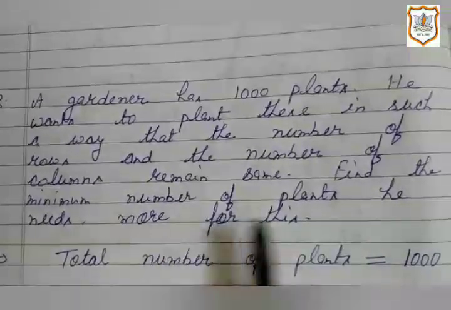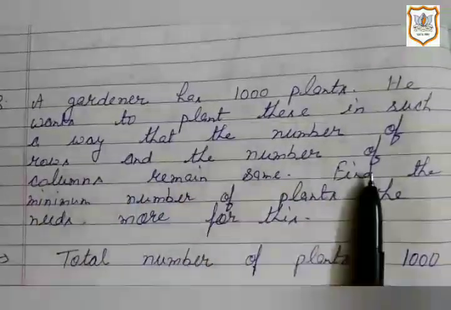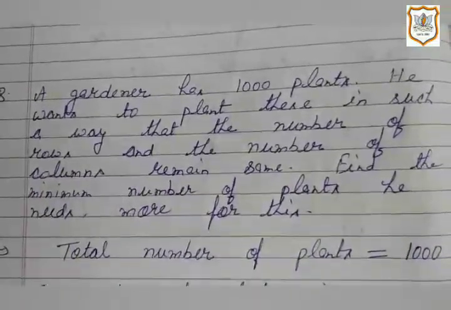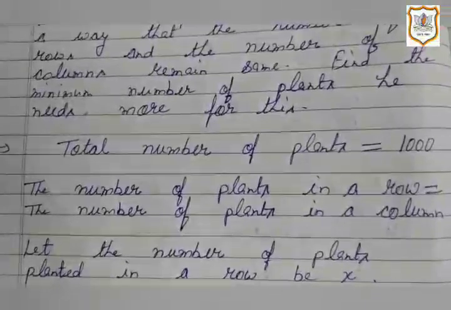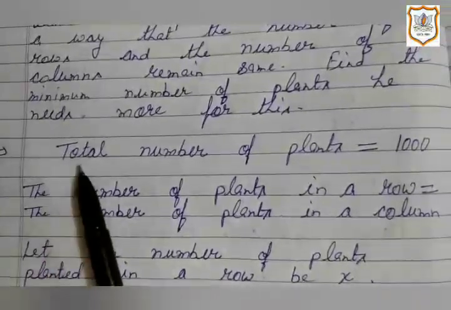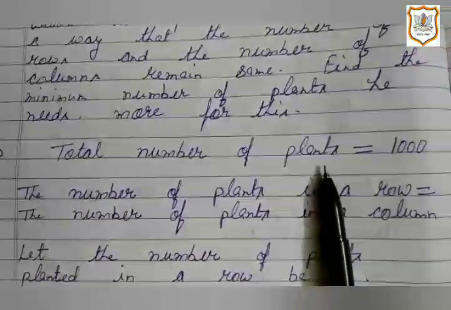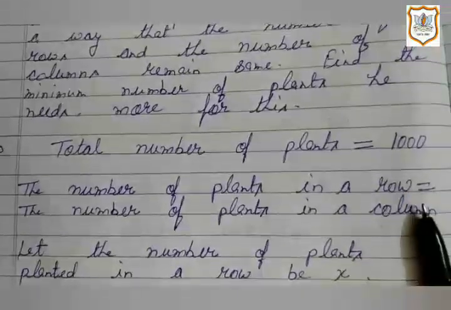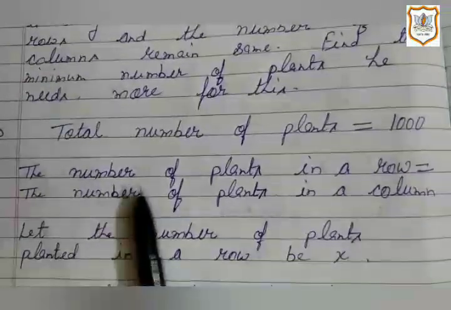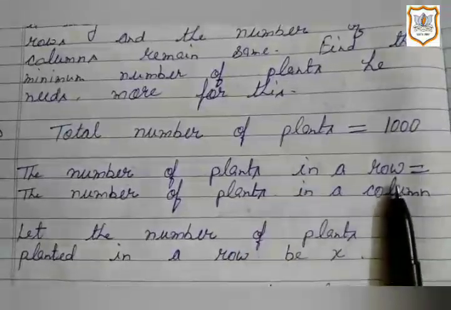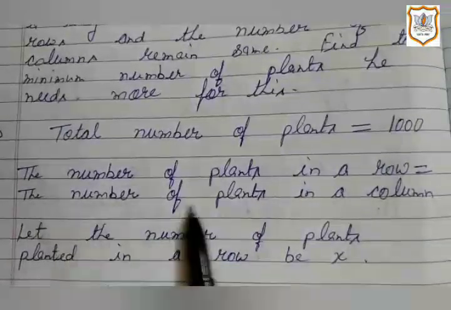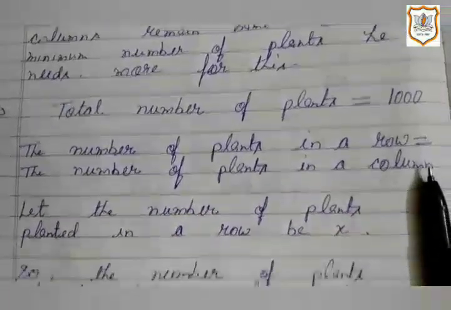In this question, number of rows and number of columns is same. We solve like this. Total number of plants is 1000 given in the question.